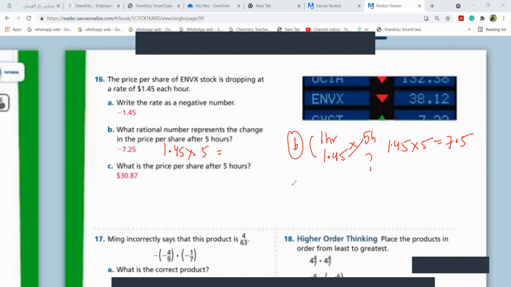Better you do this one, or if you know the concept, just write down directly. Don't forget the minus sign. Please don't forget the minus sign.